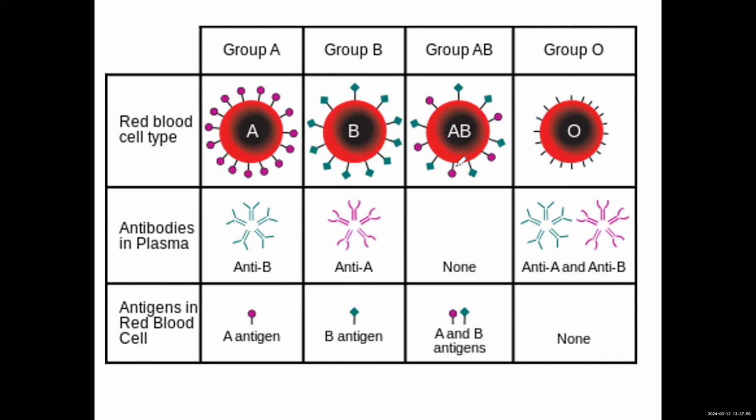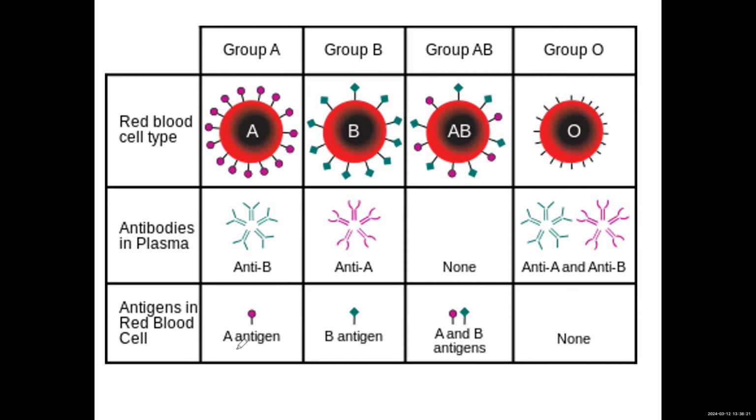They have protein antigen A and protein antigen B on the surface of their red blood cells. So then their blood is AB. And then we have people that do not have any. They don't have A, they don't have B. So then this is blood type group O.